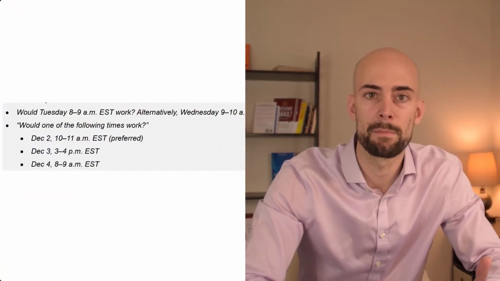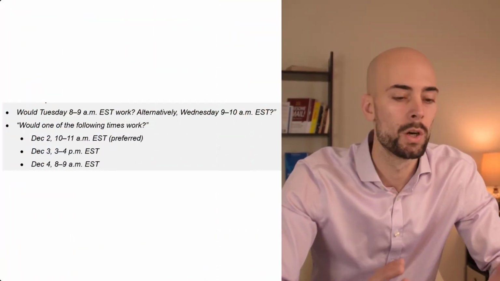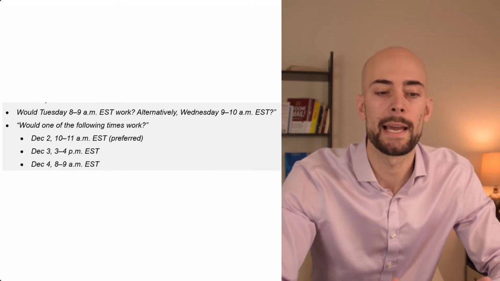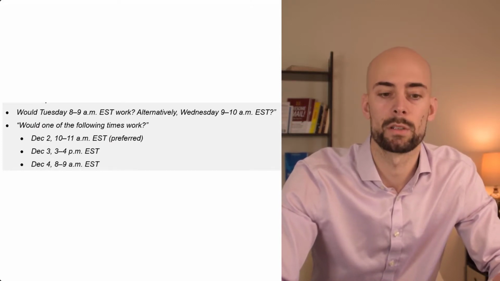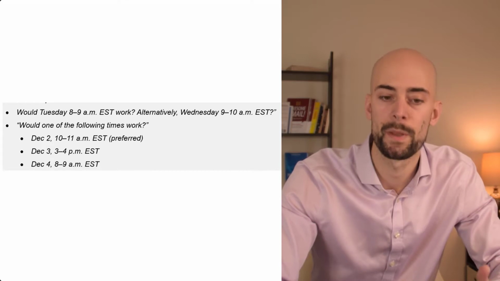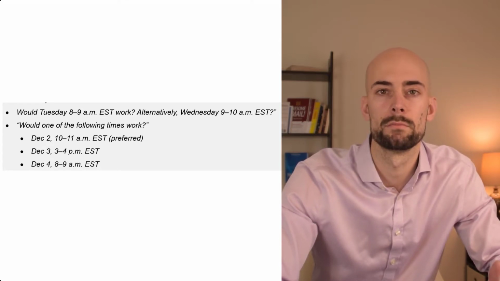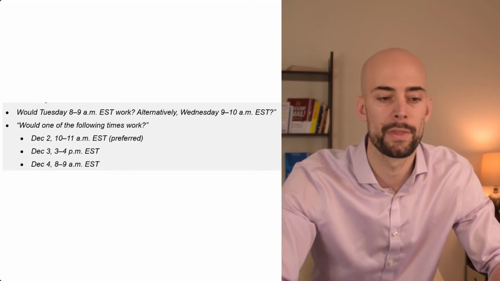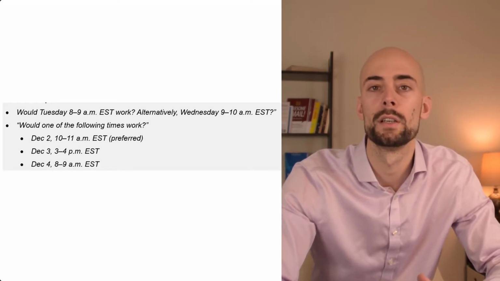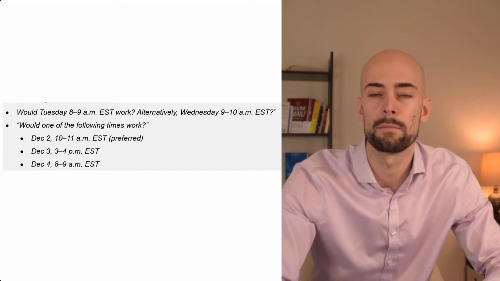So a good example on this slide would be, would Tuesday 8 till 9 a.m. Eastern Standard Time work? Alternatively, Wednesday 9 a.m. Another one would be, would the following times work? December 2nd, 3rd, 4th, and then one of them is the preferred time.